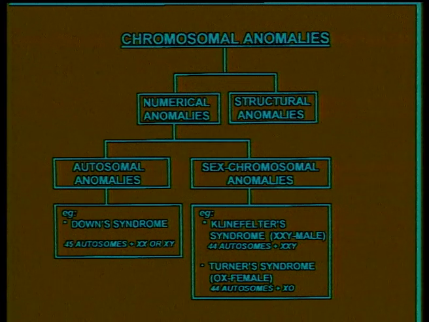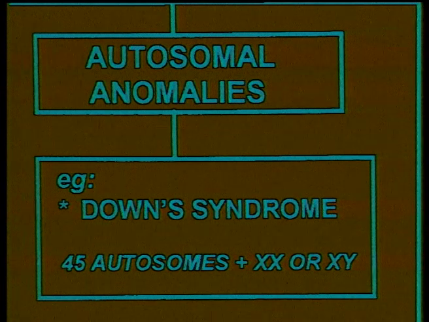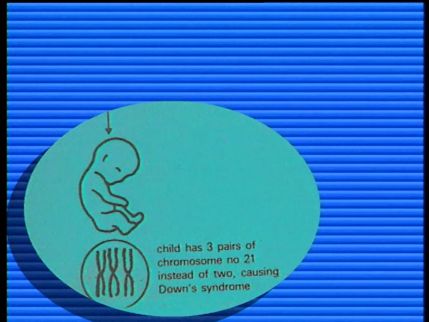The numerical anomalies are again either in the autosomes or in the sex chromosomes. If it is in the autosomes, it is called autosomal anomalies. If it is in the sex chromosomes, it is called sex chromosomal anomalies. The example for autosomal anomalies is Down syndrome or trisomy 21.